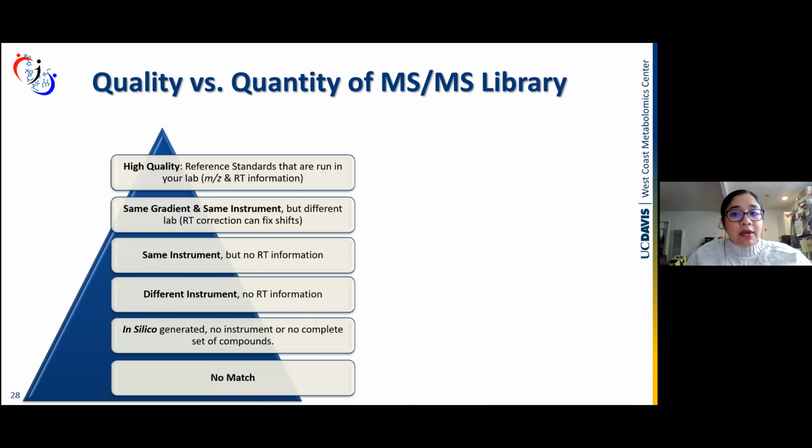When you think about all of these MSMS libraries, and I haven't covered all of them just due to the time, you kind of have to come to this question of quality versus quantity. Do I use all of the libraries available, or do I only use what's really good quality?